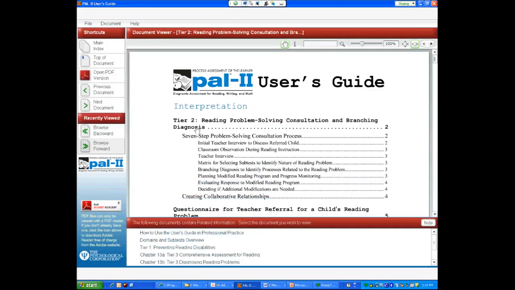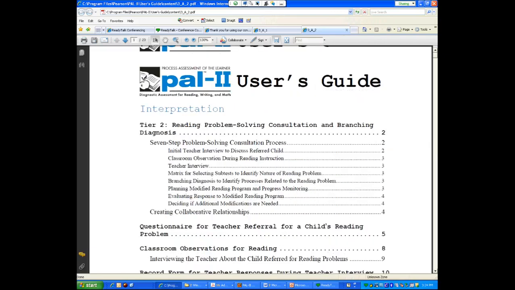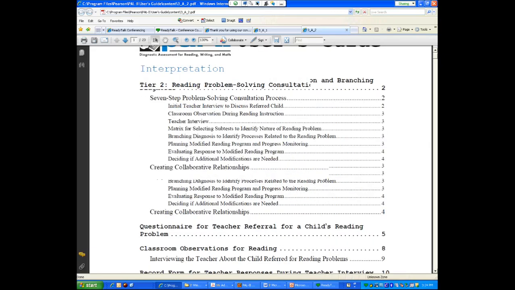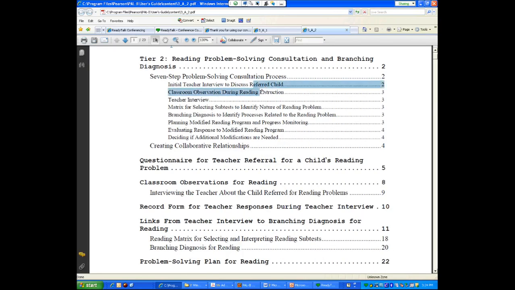I typically like to just save these to my desktop so that I don't have to come back every time and open up the user's guide. So on this one, essentially, we give you that problem-solving consultation process, the different steps, the initial interview with the teacher, the observation, the matrix for selecting subtests to identify the nature of the reading problem, the branching diagnosis is all included here.